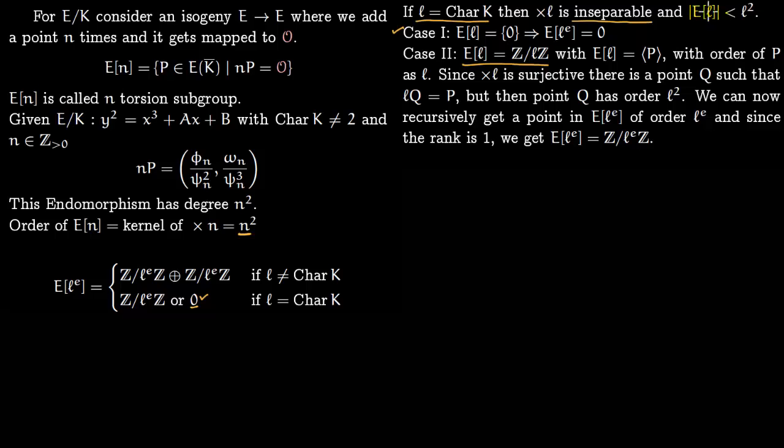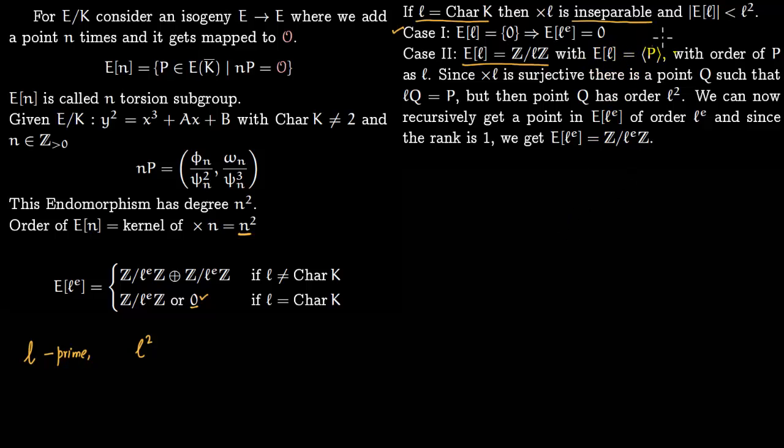Because the order of our L-torsion subgroup is less than L square, there are only two options: either it is 0 or it has to be a divisor of L square. This L is prime, so the only thing which divides L square is L. So that is the only case 2 we can have, because it's less than L square.